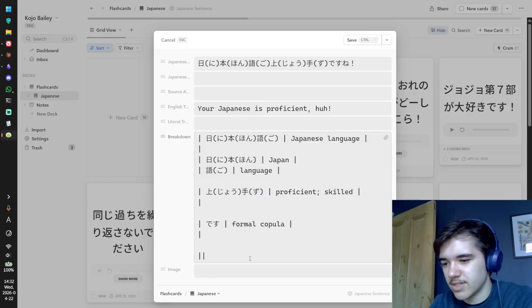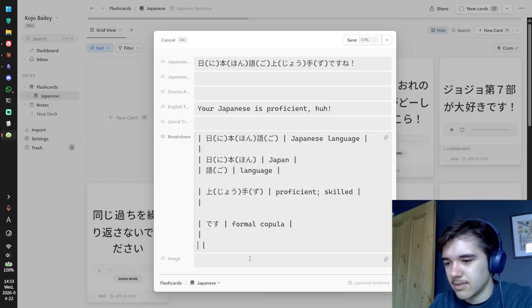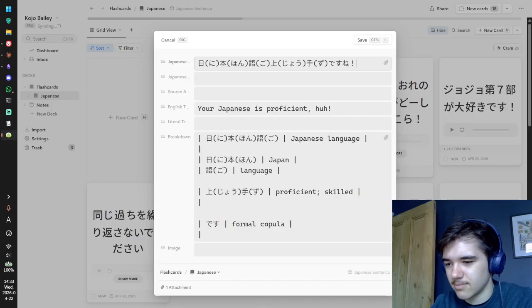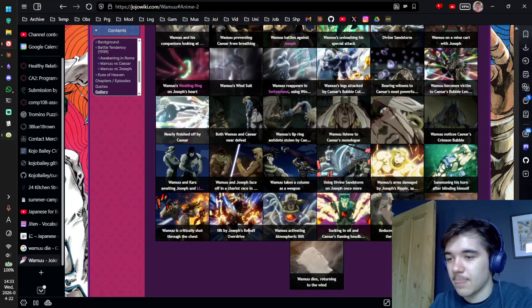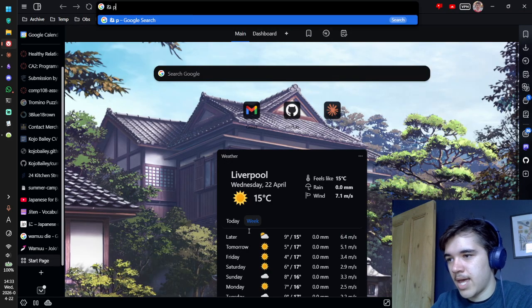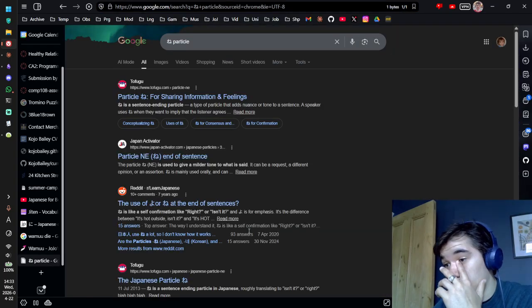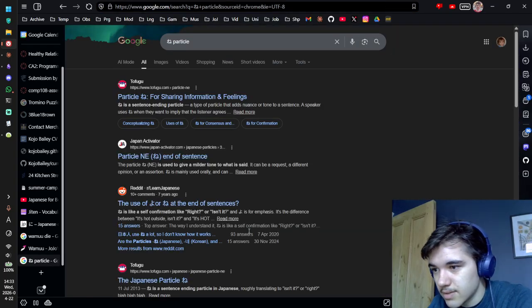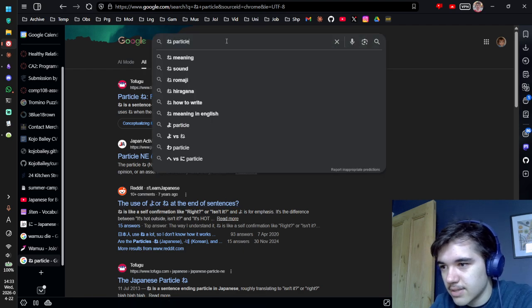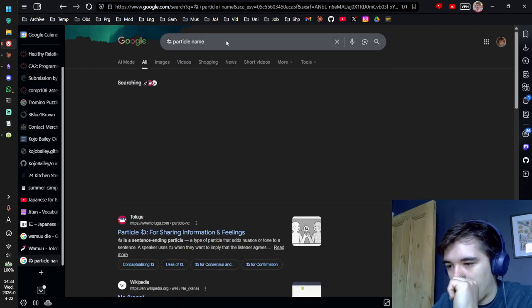Why did my keyboard reverse? Okay, somehow I've changed my direction now. Ne, particle. Nuance or tone to a sentence, implying the listener agrees.